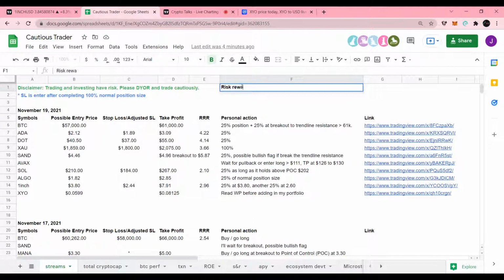Risk-reward ratio is equal to take profit less entry price, your average entry price or whatever entry price you have, divided by average entry price.